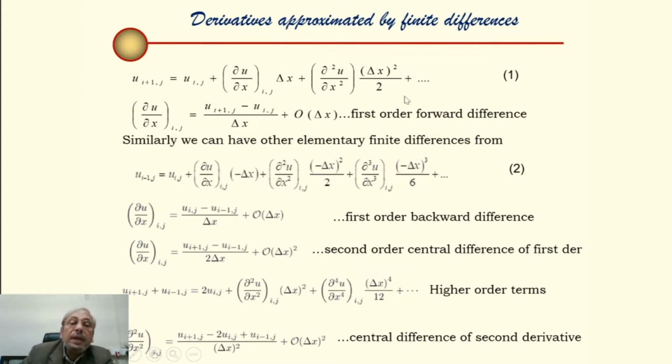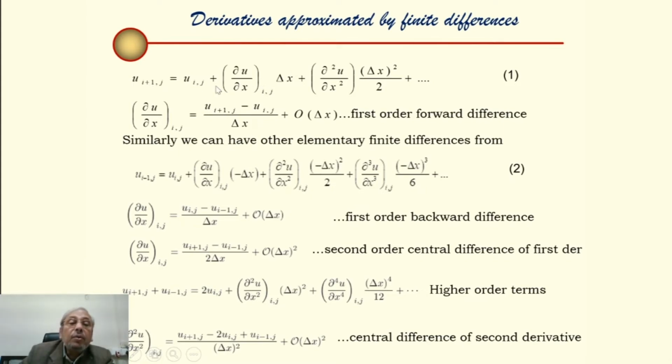Now from here, if we want to find del u/del x at ij, we can write (u_i+1,j minus u_ij) by del x.